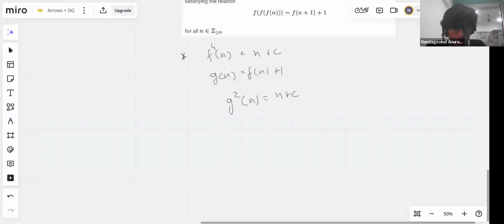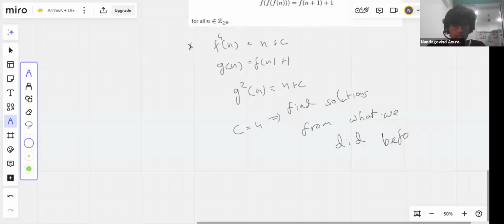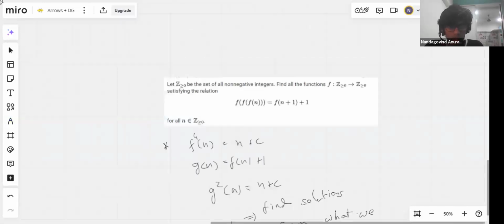And then I wanted to show that c equals 4, and then from there conclude and find all solutions, find solutions from what we did before. Okay, so this was what I was trying to do.